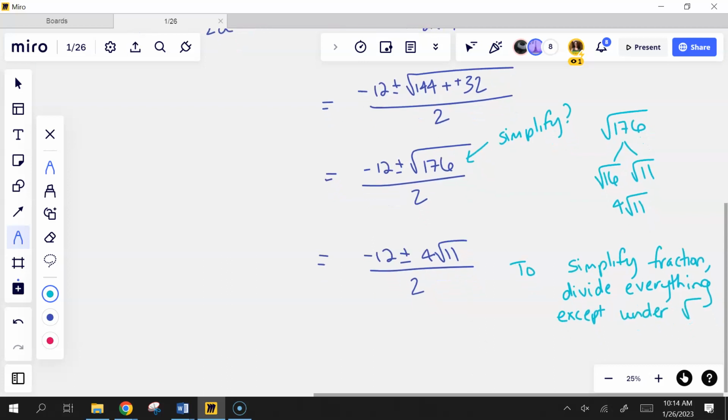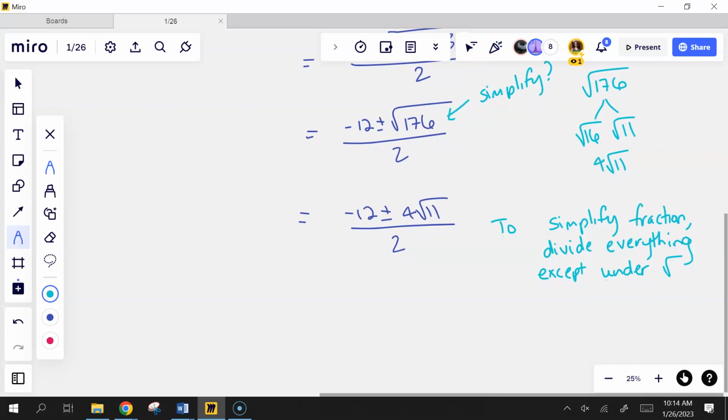Now, what do I mean by that? I mean, to simplify this, you would have to find something that goes into 12, 4, and 2. 2, right? Are we all in agreement that that's 2?